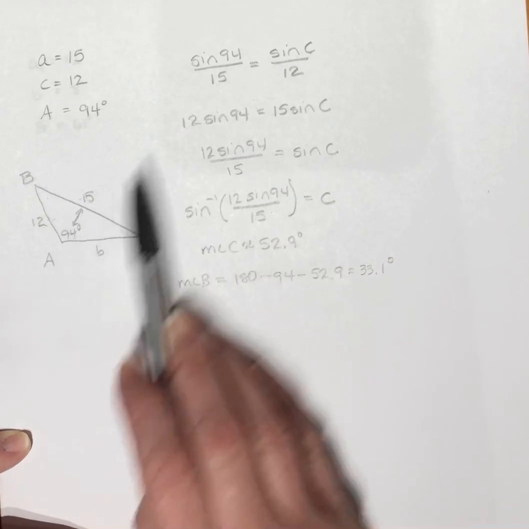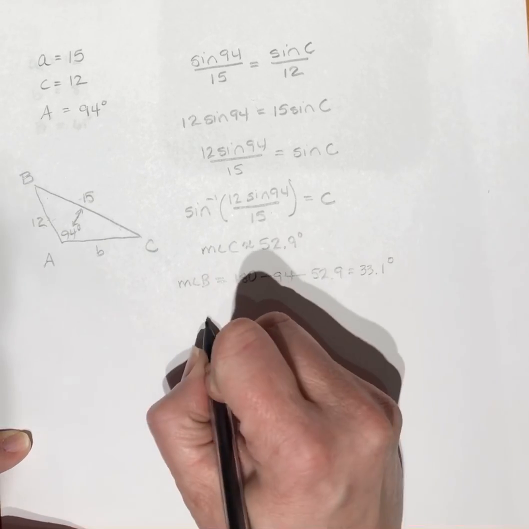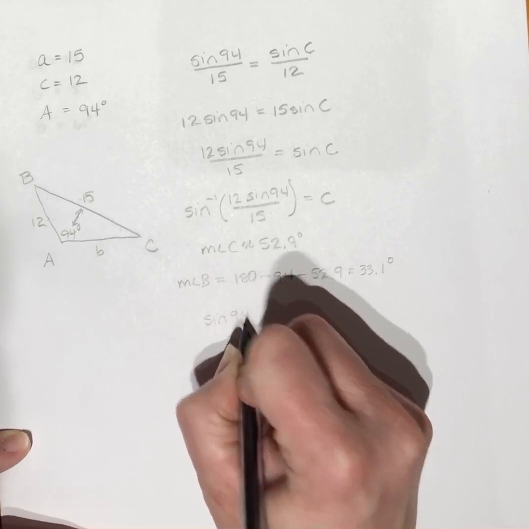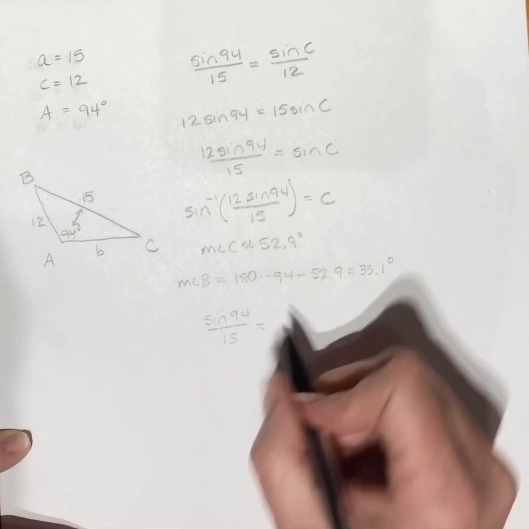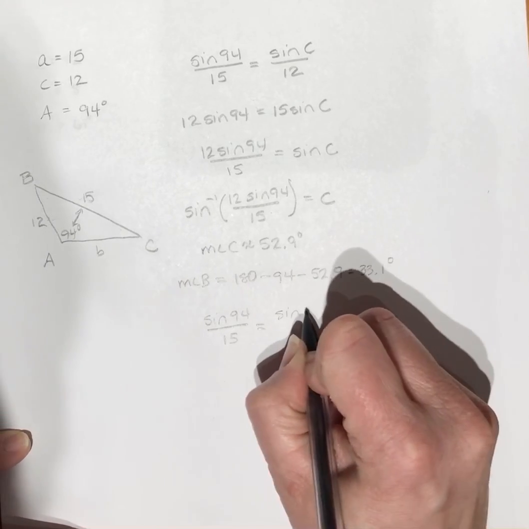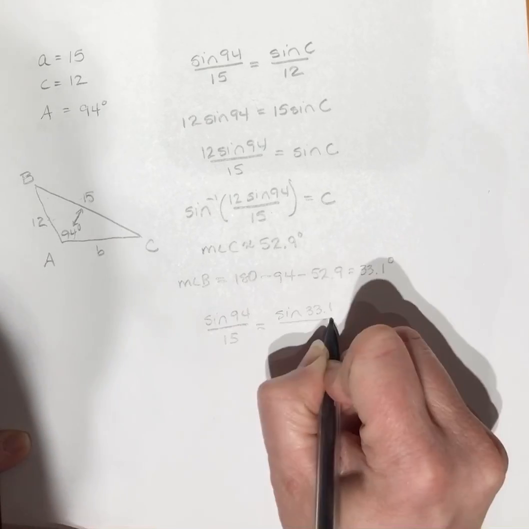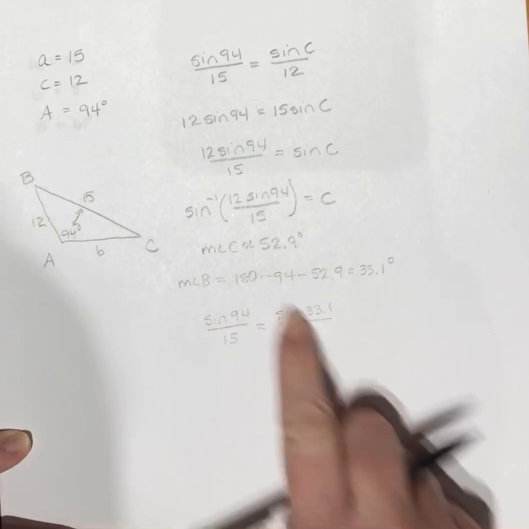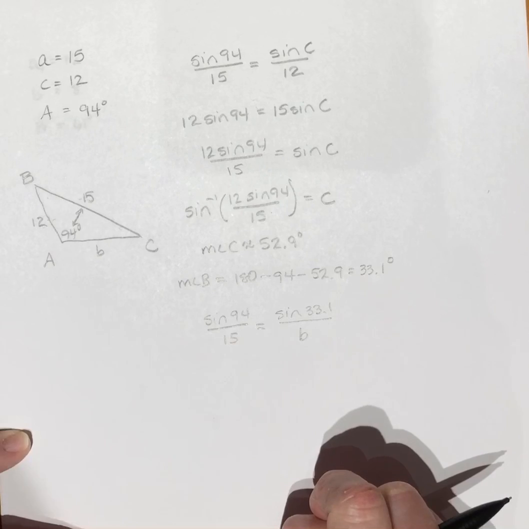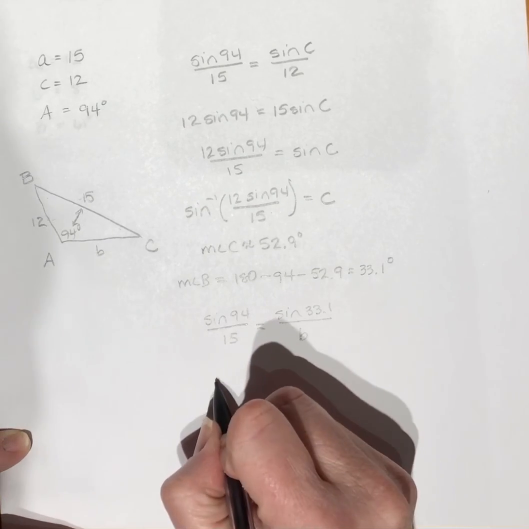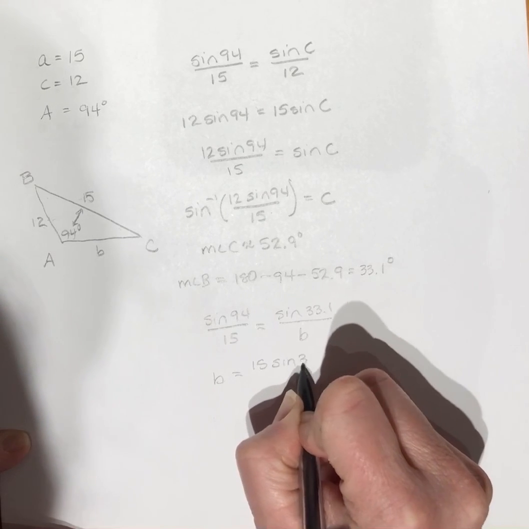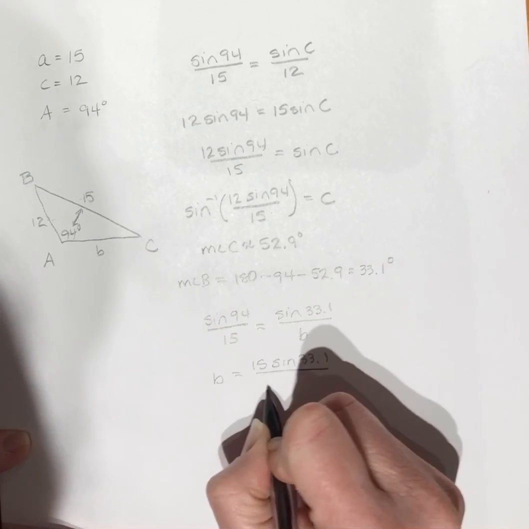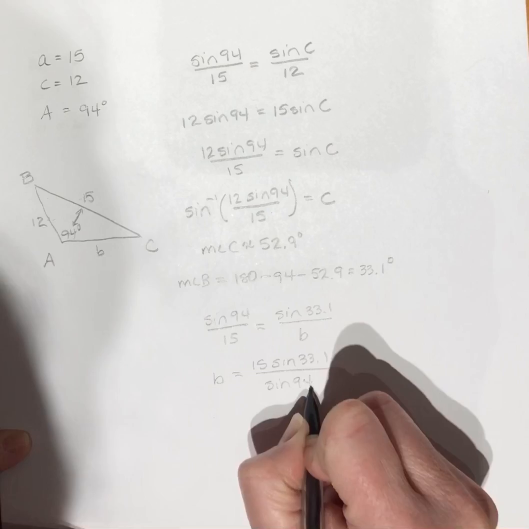So I'm still going to use this same pair. I'm still going to use the sine of 94 over 15. And then I'll do the sine of 33.1 over B. And now I'm back to just like it was in the other examples. So B will be equal to 15 times the sine of 33.1 over the sine of 94.